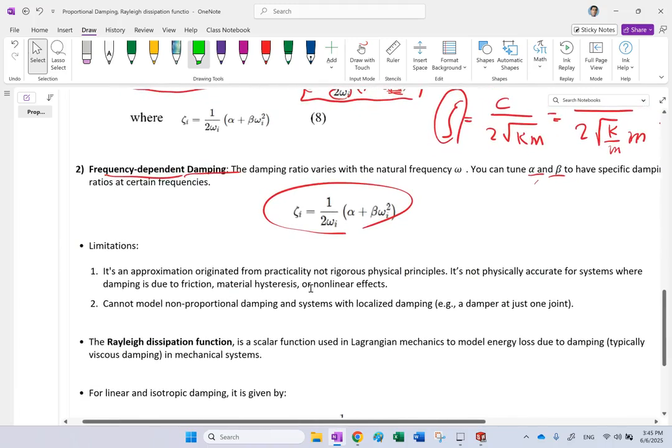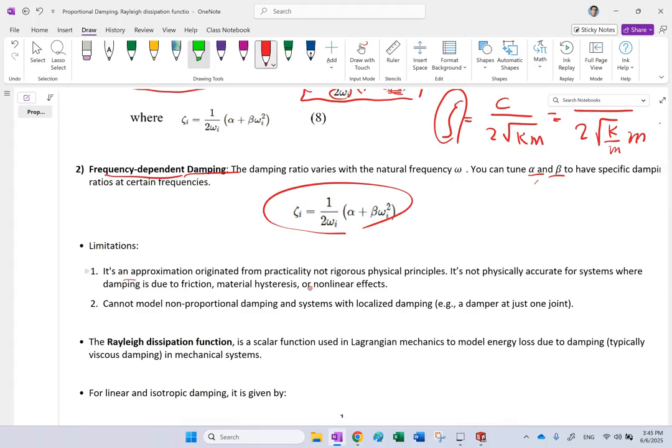Now, with what I said, are there limitations? Of course there are. What is it? First of all, as I said, this is an approximation, and it's not really based on rigorous physical principles. So for some systems, it should not be accurate. Well, where? This is when damping is due to friction, not due to basically viscous fluid, when there is material hysteresis, and when there are nonlinear effects.